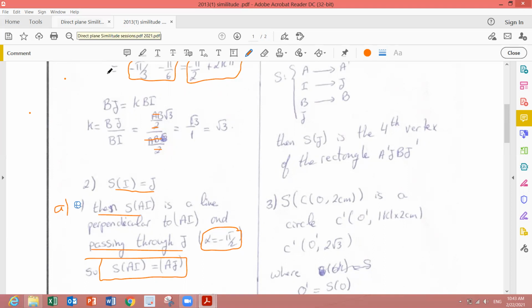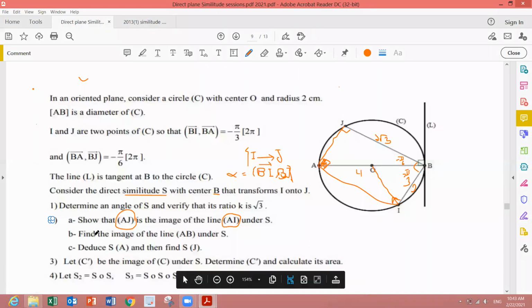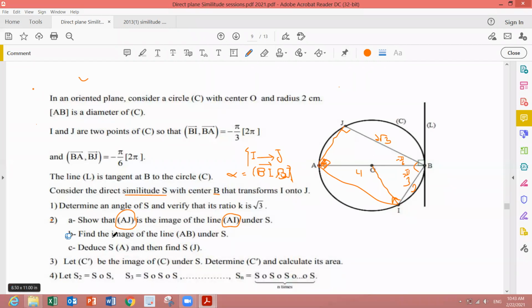Okay. Part B: find the image of the line AB. Find the image of AB under S. This is new. Who is the image of the line AB?